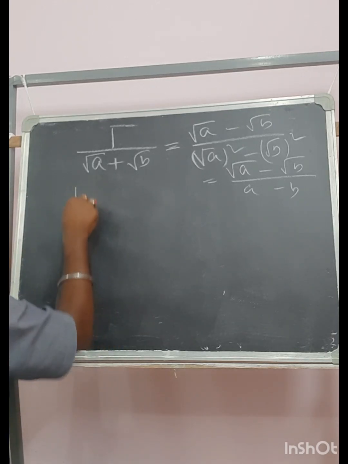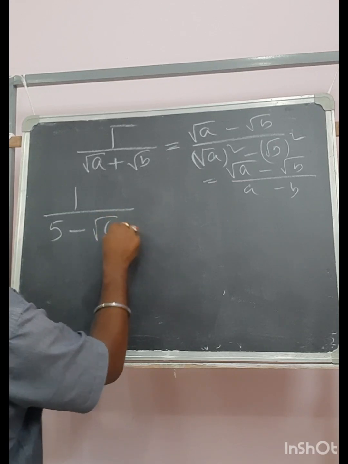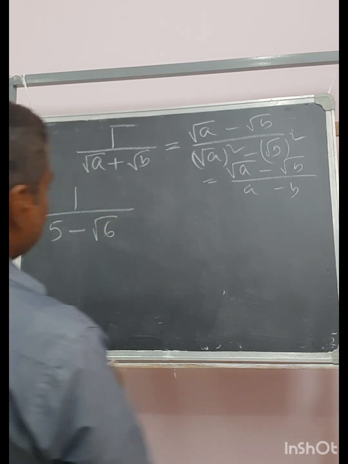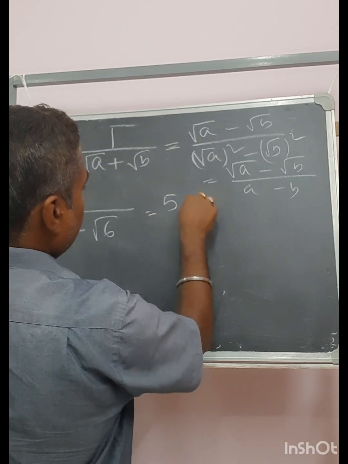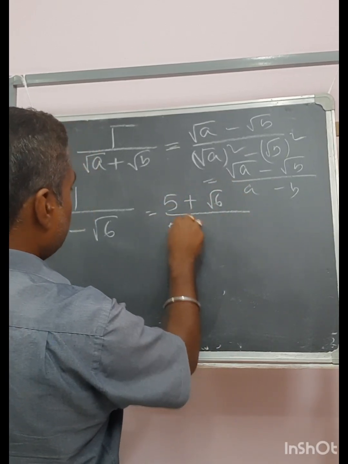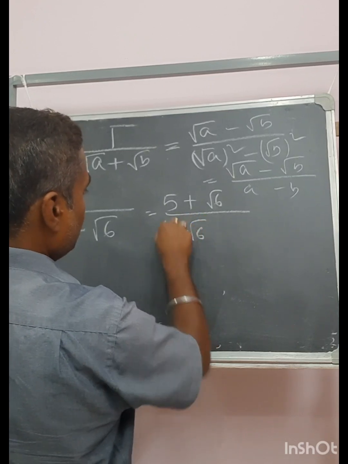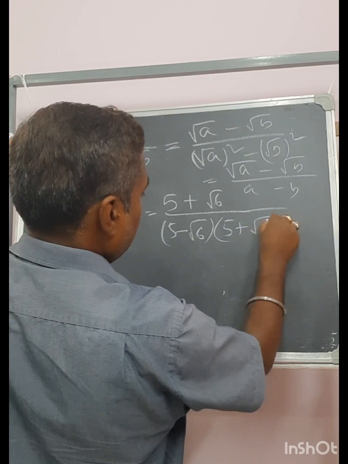So taking a real example, if I say 5 minus root 6, now to rationalize that I will take the opposite sign, 5 plus root 6 on the numerator, and the term at the bottom will be multiplied with the conjugate of that.